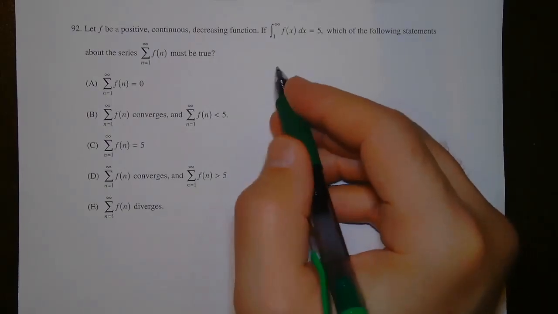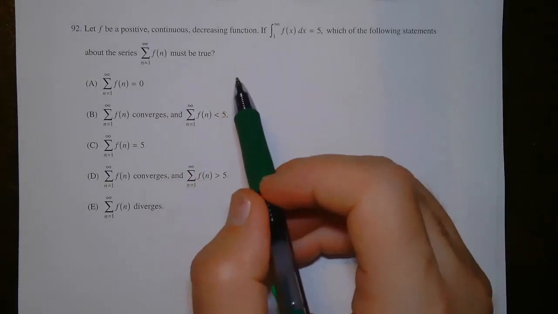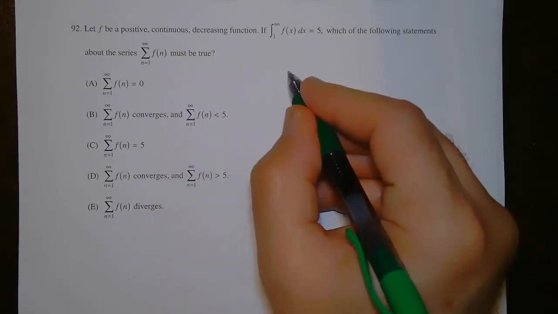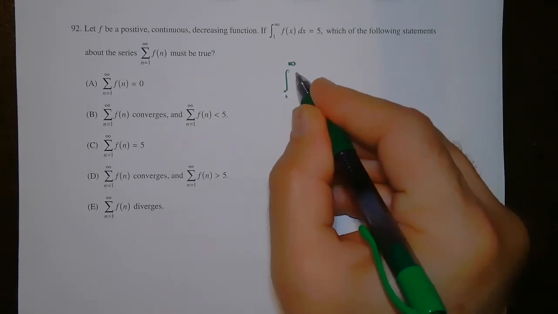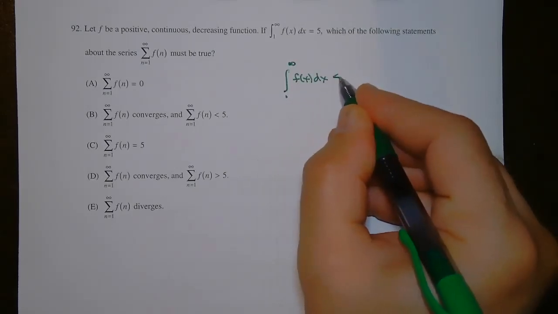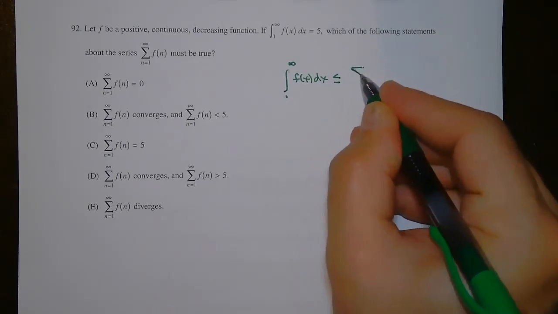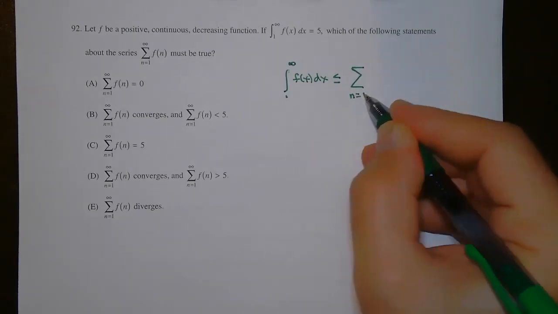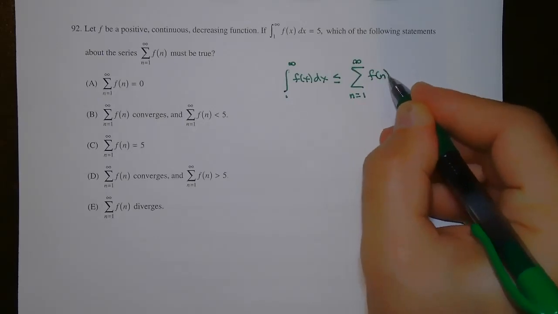For n equals 1, this integral is always going to be less than or equal to this sum. So we have the integral from 1 to infinity of f of x dx is always less than or equal to the series, sigma n equals 1 to infinity of f of n.